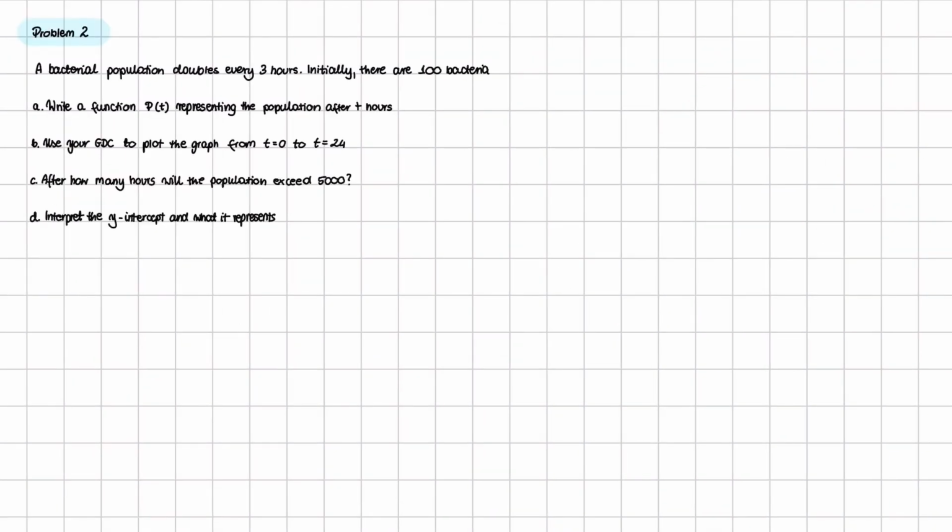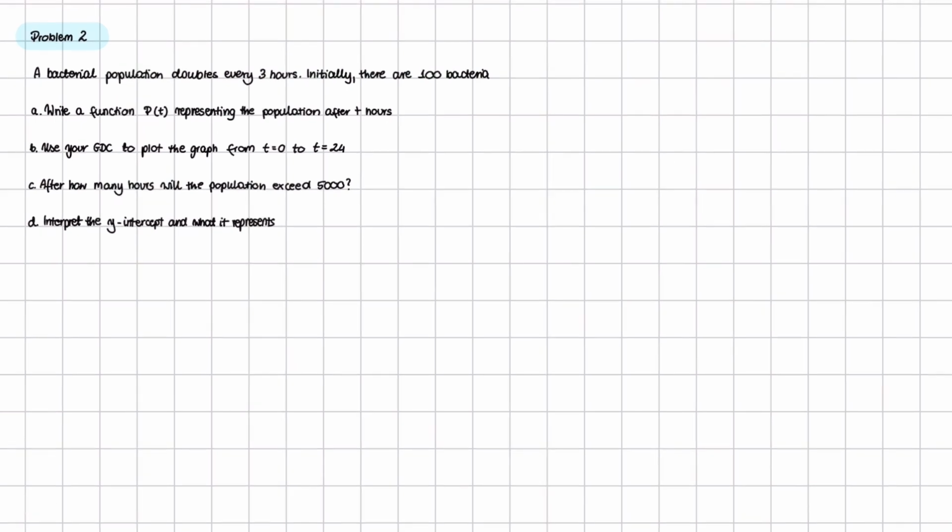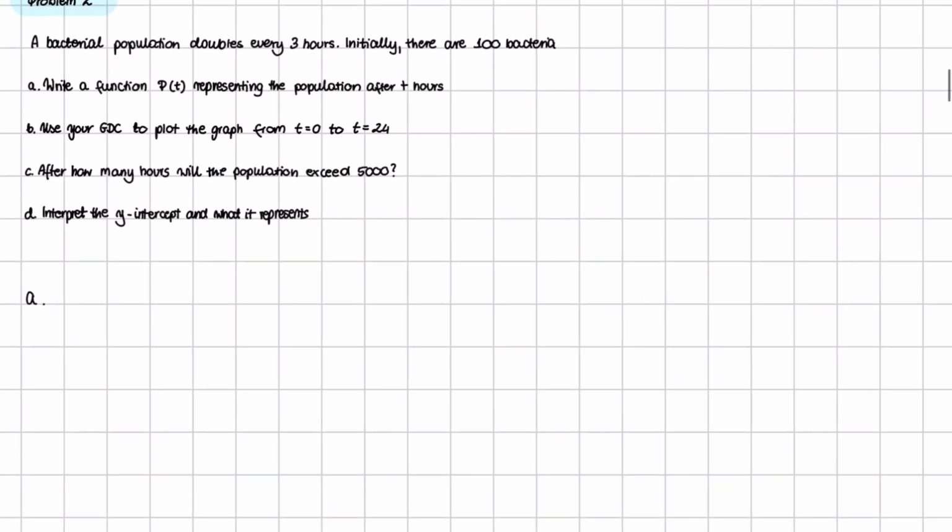Problem 2. A bacterial population doubles every 3 hours. Initially there are 100 bacteria. A. Write a function P representing the population after T hours. In order to do that, firstly we can recall our general formula for an exponential function.